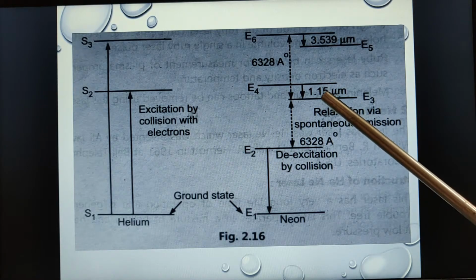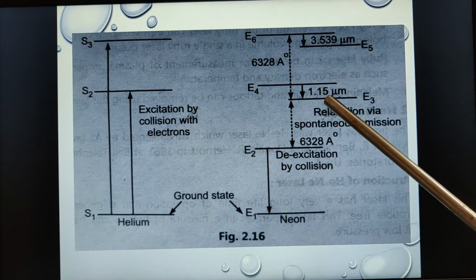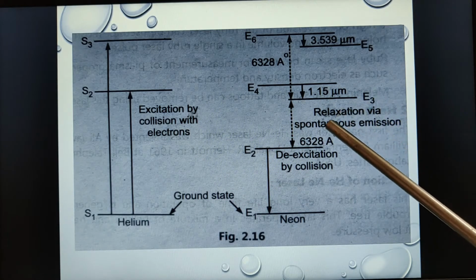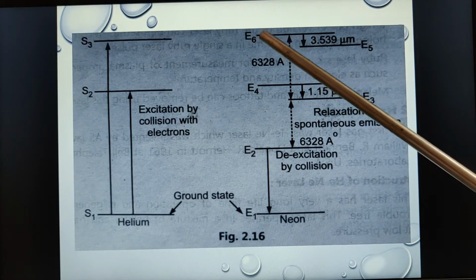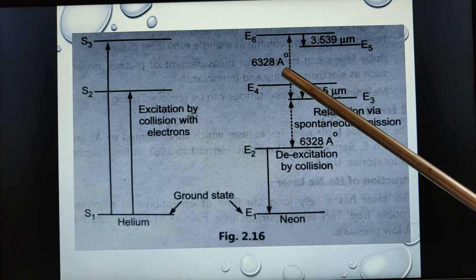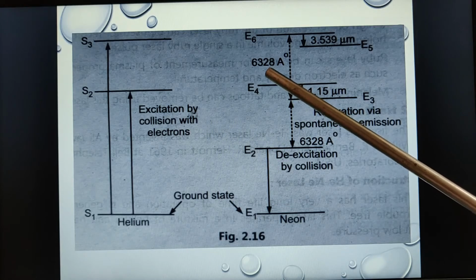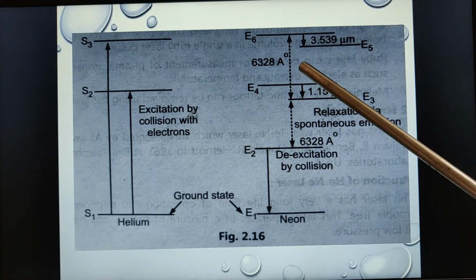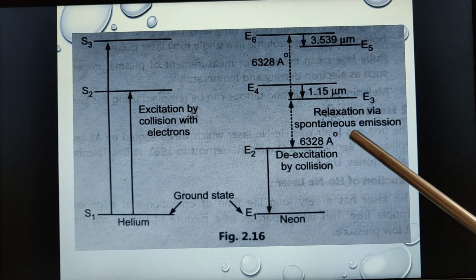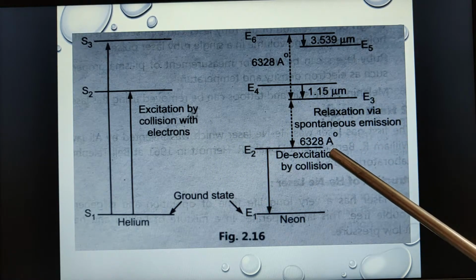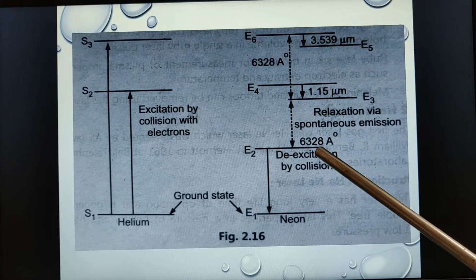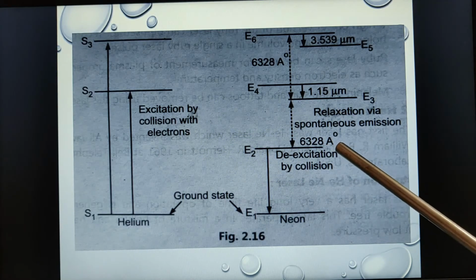When there is a transition between E4 and E3, the wavelength 1.15 micrometer is emitted, and when there is a transition between E6 and E3, there is emission of light, that means laser, of wavelength 6328 angstrom. Similarly, when there is a transition of atoms from E3 to E2, there is also emission of light of wavelength 6328 angstrom.